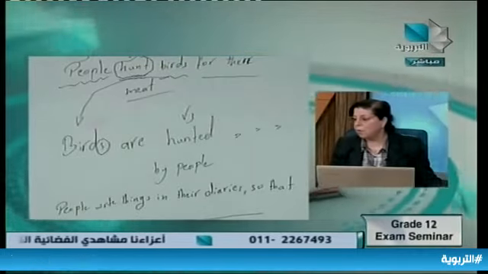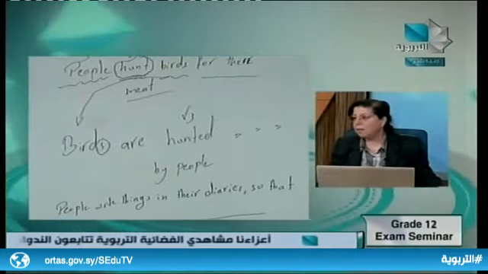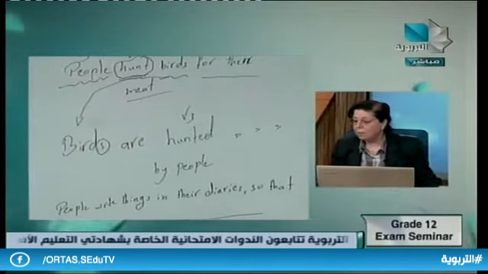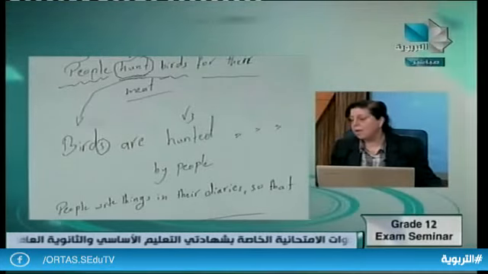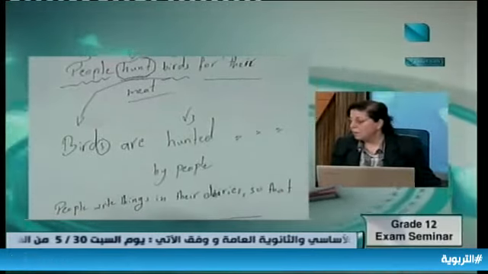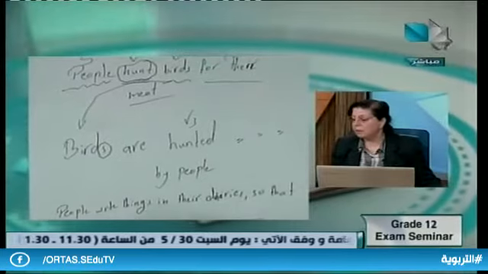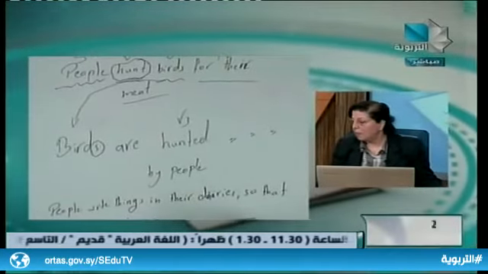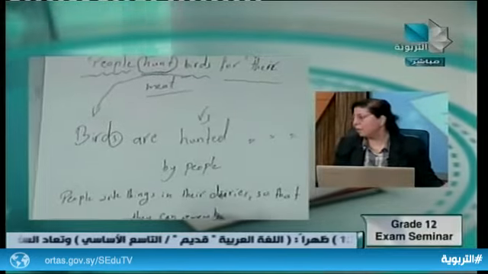Of course, he has to read it carefully and think of the tense. The tense here is simple present. People write things in their diaries so that they can remember them forever, not to forget their things.